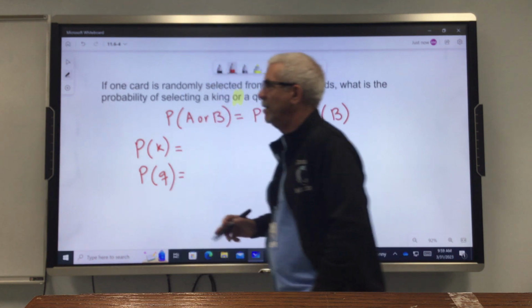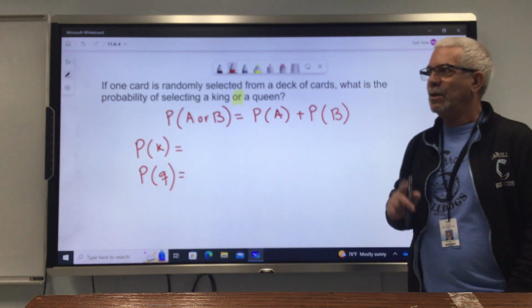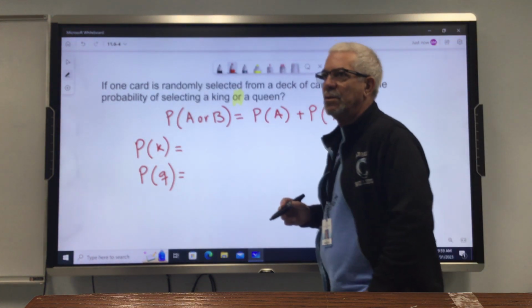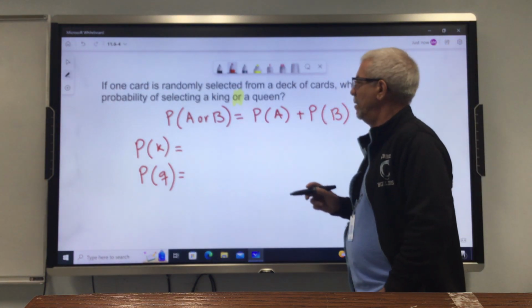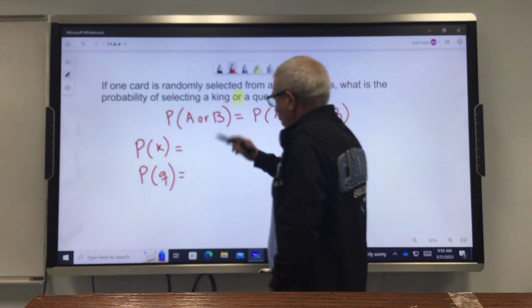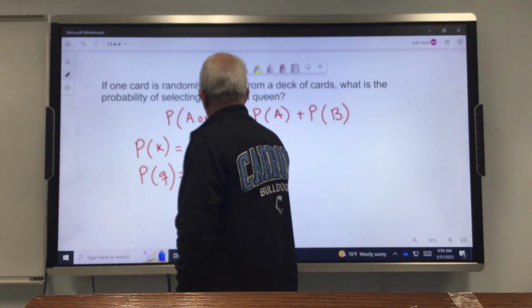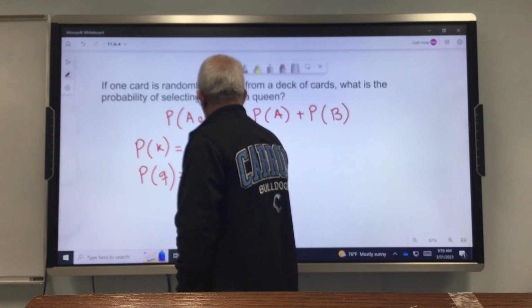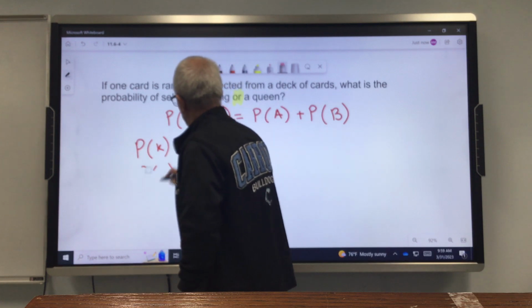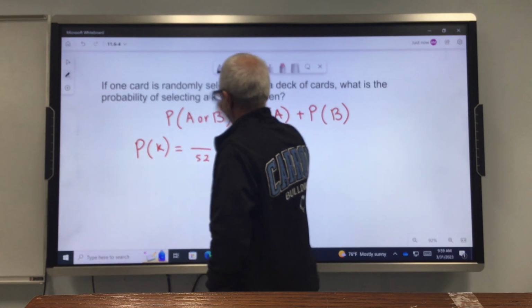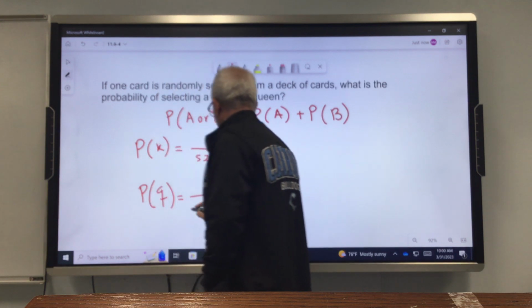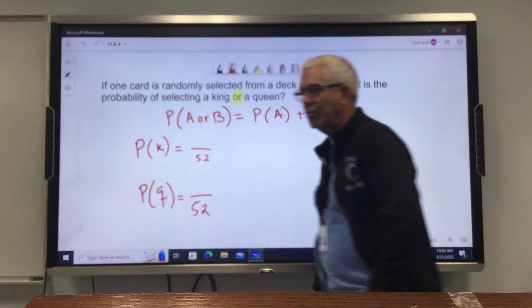All right? P(K) or P(Q). In both of them, the denominator is 52.